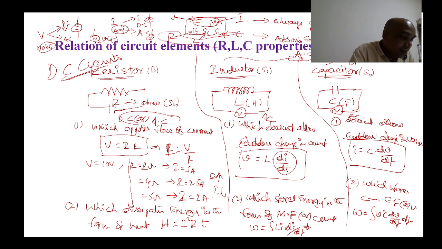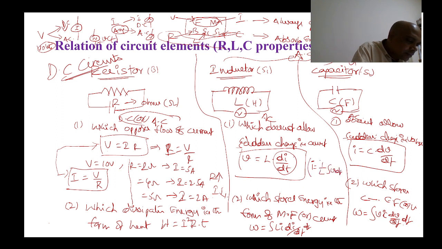Alternating voltage. So coming to the resistor, here V equals IR. From this, what is current? I equals V by R. This is another formula. Here V equals L into di by dt. From this, what is current? I equals 1 by L integral V dt. How am I getting 1 by L integral V dt?